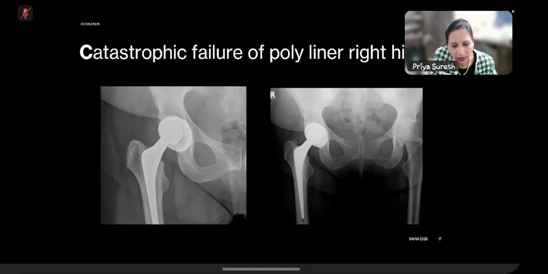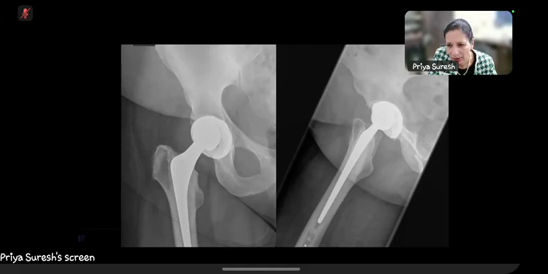Again, showing you just the radiograph on its own, this is the bit I was talking about. Look at this compared to this here. Same thing here, you can see this is such a large space compared to this.